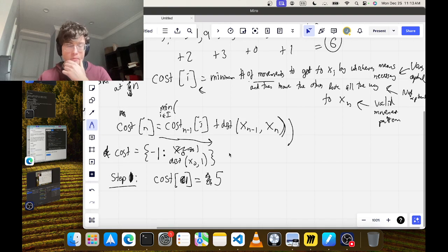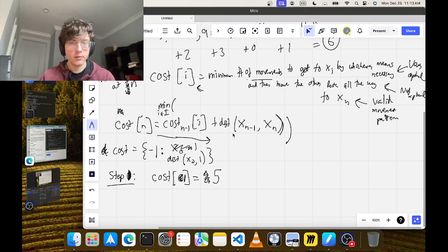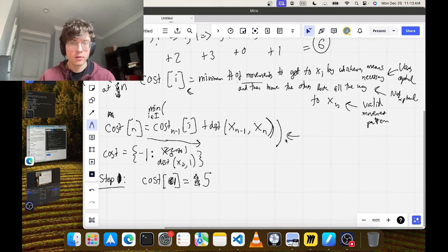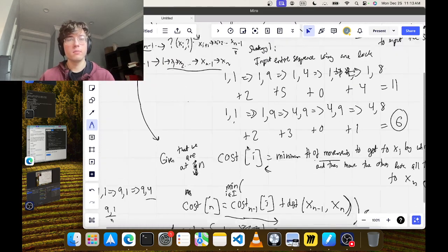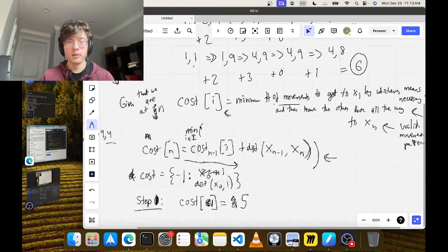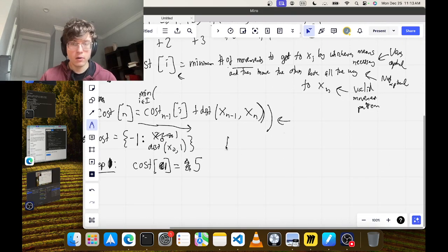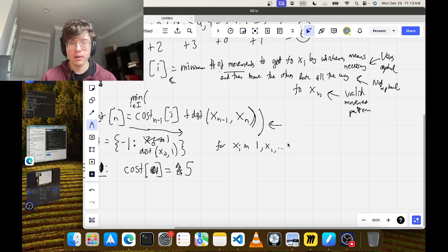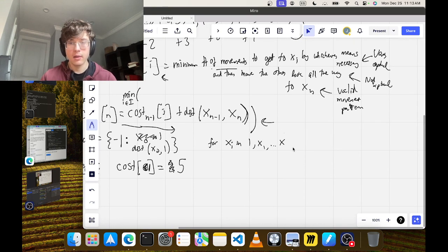So what I'm trying to say is that we update this. We look through every single one of these possibilities, these xi. So we do a loop over xi in x1 dot dot dot to xn minus 1.